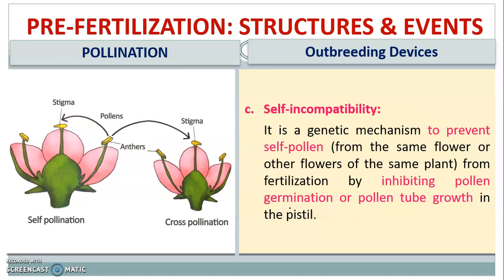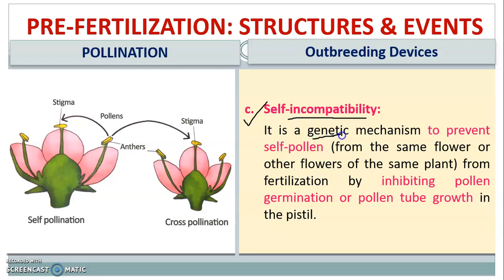Now, the third mechanism is self-incompatibility. The word incompatibility means the matching, the tuning between the male and female parts. When the anther and the stigma are not compatible with each other, not able to support each other, this is known as self-incompatibility.